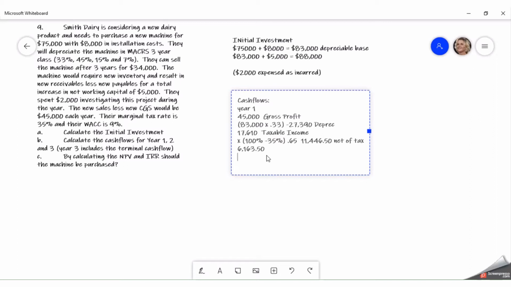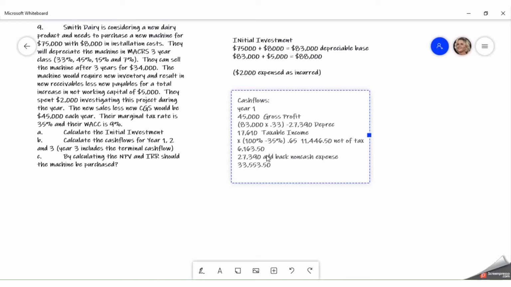Okay, so then now we come down and we're going to add back our depreciation, because that's a non-cash expense. So if we add that depreciation back, that gives us 33,553.50.